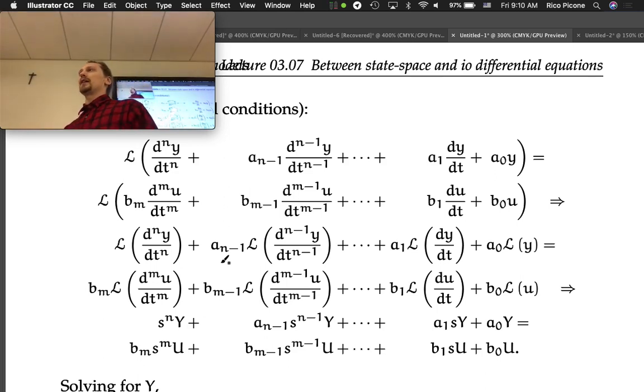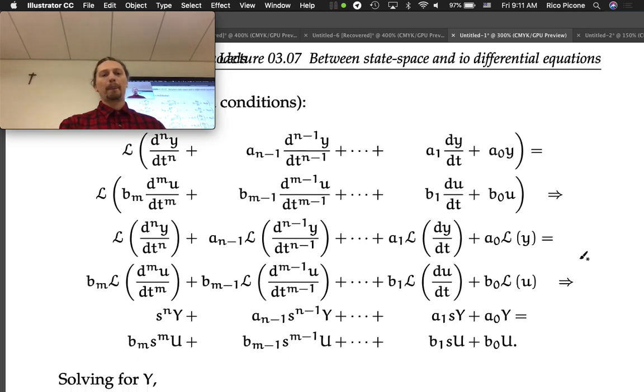So if you have the Laplace transform of some constant times a function, the constant can be pulled out, just like you can pull out the constant in an integral, right? And we've got the left-hand side having all these Laplace transforms of time derivatives of y, and the right-hand side having the Laplace transforms of all these time derivatives of u.